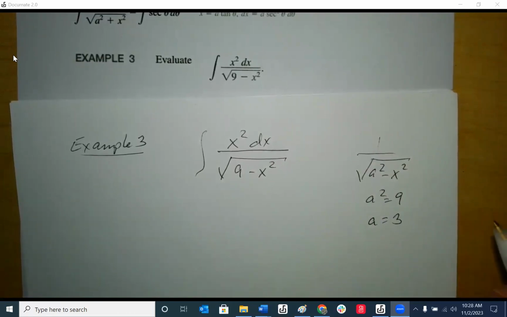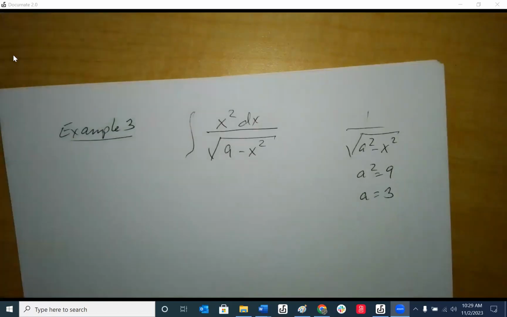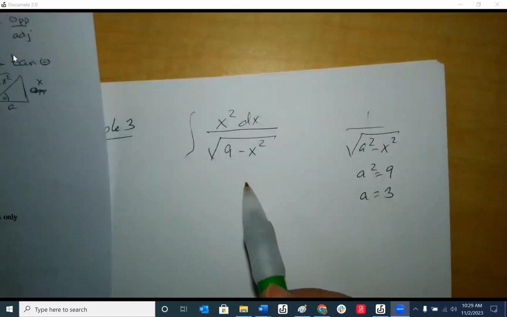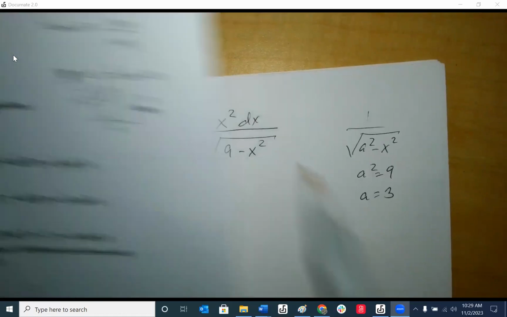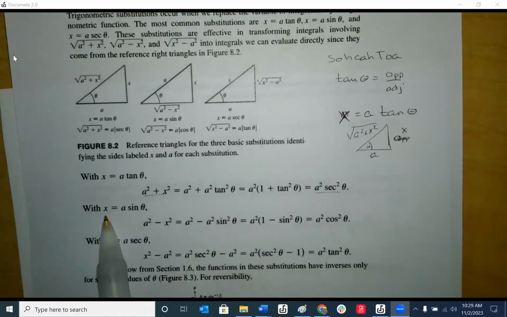Okay, just using our first page of our notes, we have a squared minus x squared, so we'll be using this formula. And then we'll go to that.